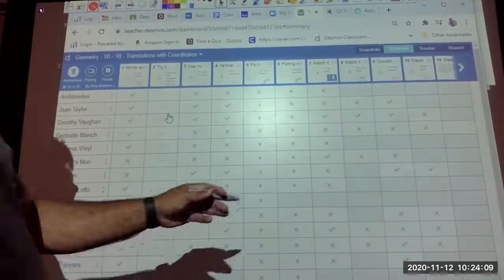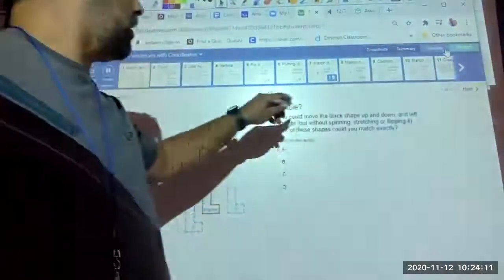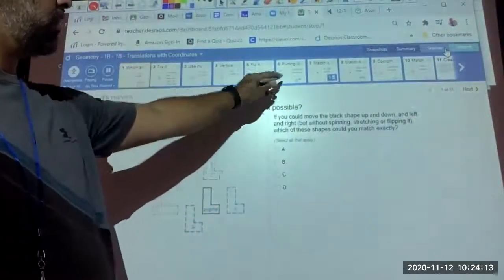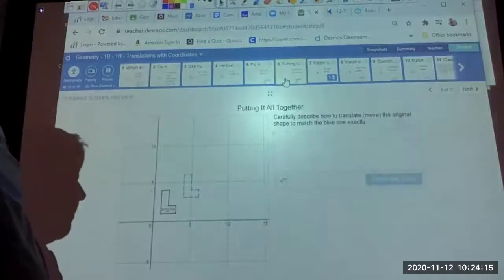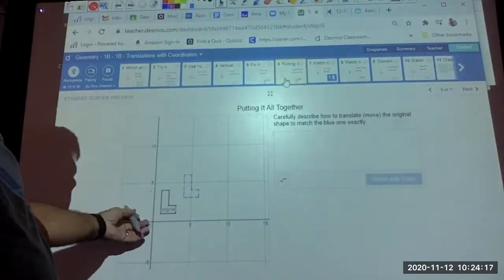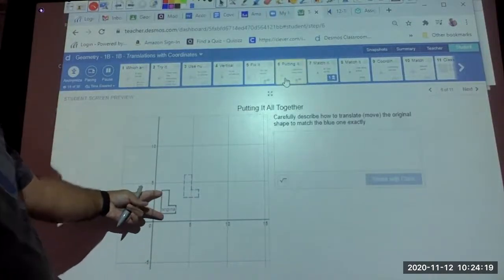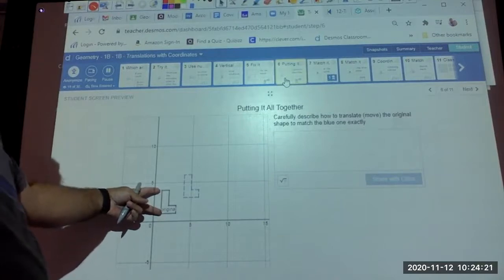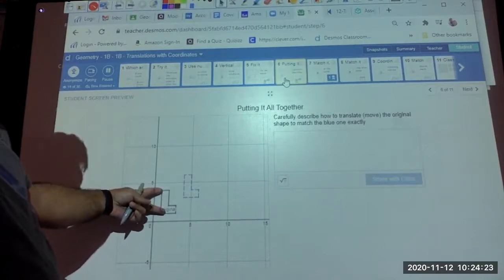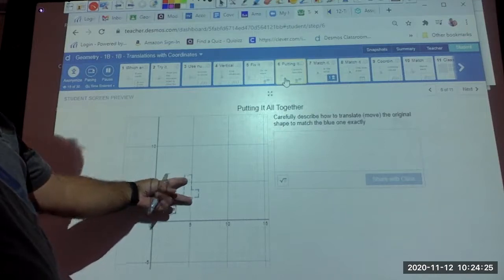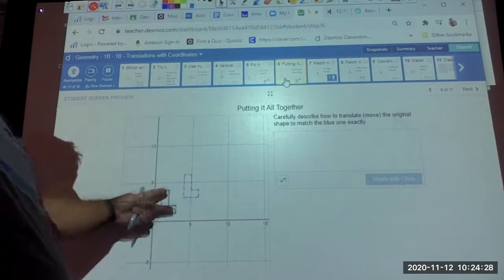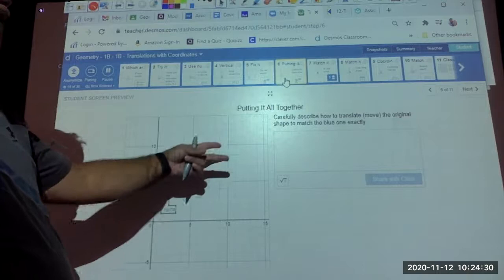Really what we're looking at, slide 1 through 5 builds up to slide 6. And it's basically saying, how did I go from the original, which is a pre-image, that's vocabulary, pre-image, to the image? So what did you actually do? And it wanted you to put it in words.